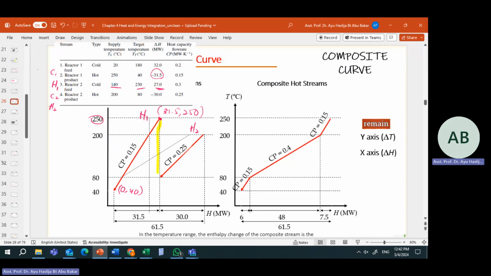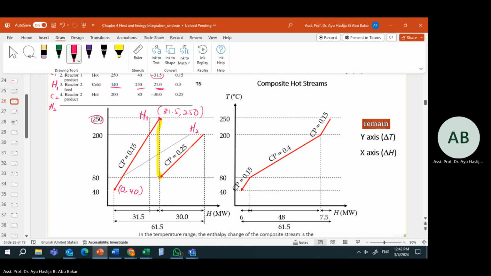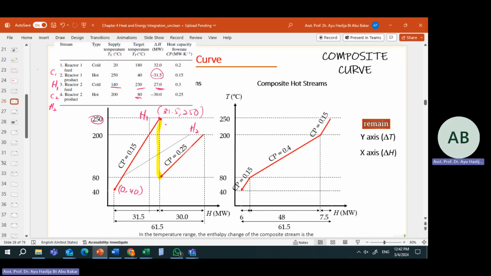It starts at the end point of H1, then H2. The T target here is 80, and T supply is 200.